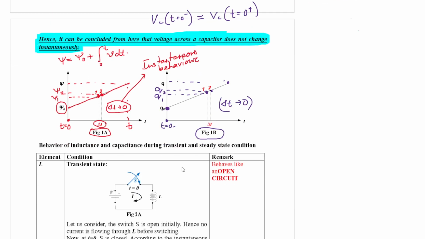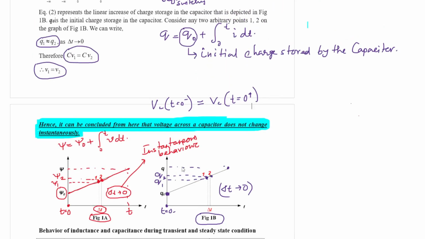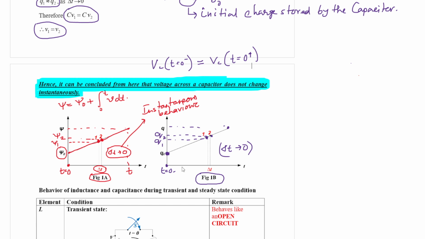Now there could be two types of states, right? Suppose one network is connected to a supply, connected to an energy source, and at some time t equal to 0, which is called the switching instant, right?